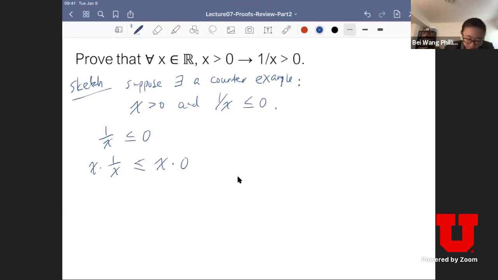Now I can solve it. The left-hand side is actually 1. The right-hand side is 0. So I arrive at the conclusion that 1 is smaller than or equal to 0, which leads to a contradiction. This is not true, right? So when I assume there's a counterexample, it leads to a contradiction, which means the original statement is true, meaning that there's no counterexample.